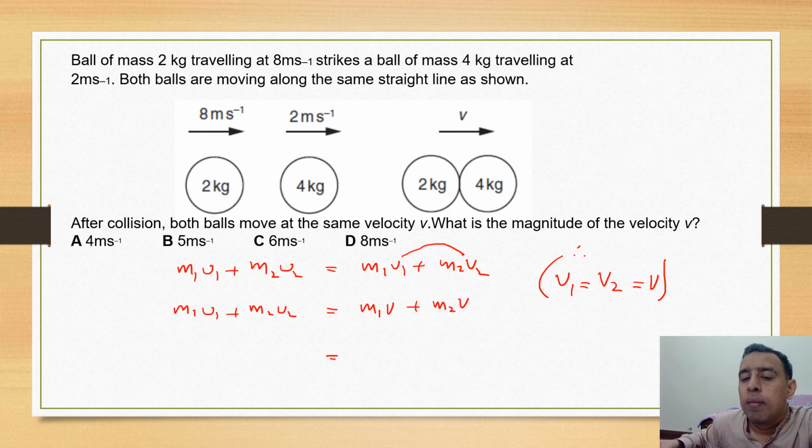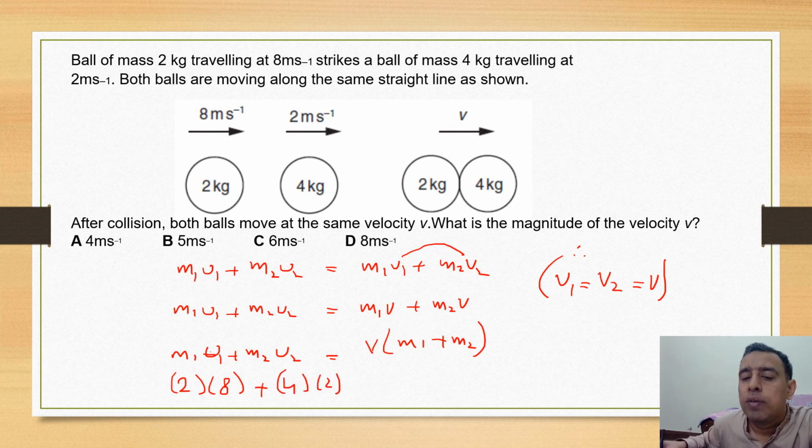So by taking v as a common factor, we have this relation m1 u1 plus m2 u2. Now substitute the values. This mass is 2, the velocity is 8, plus 4 into 2, v is common, and the masses are 2 plus 4. So the remaining portion I'm going to solve over there.